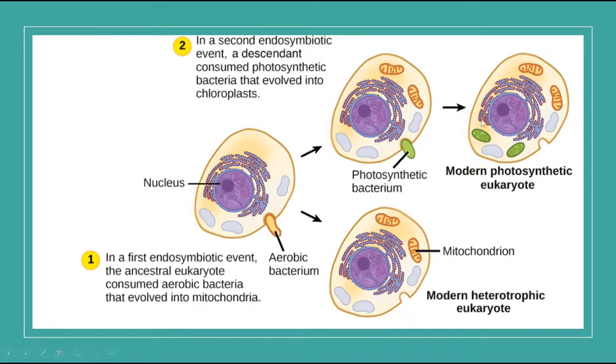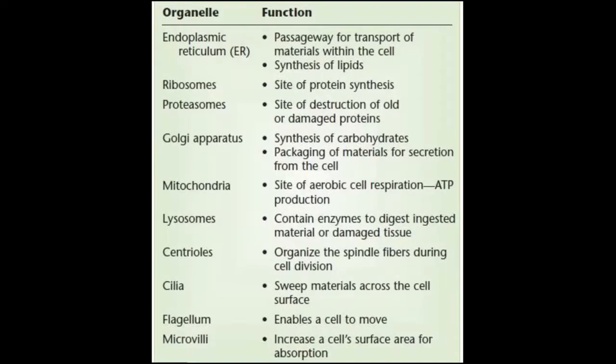So this is a modern chloroplast, this is a modern plant cell, and this is a modern animal cell. But previously, both were different. So this is believed or proposed based on the endosymbiotic theory. And the reason for this belief is that mitochondria and chloroplast have their own set of ribosomes and their own set of DNA.